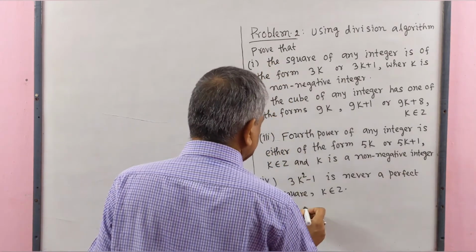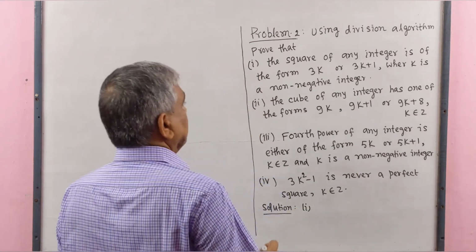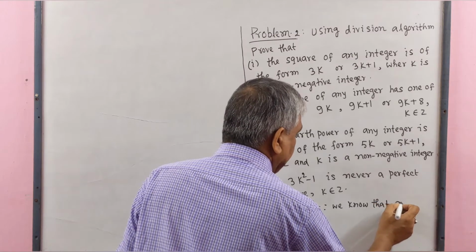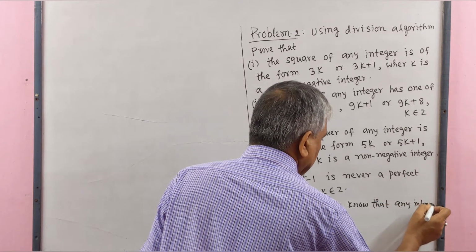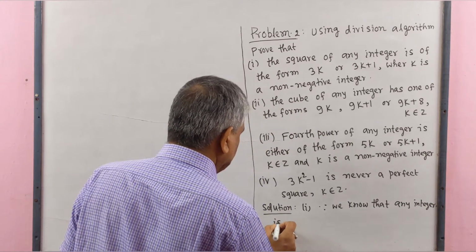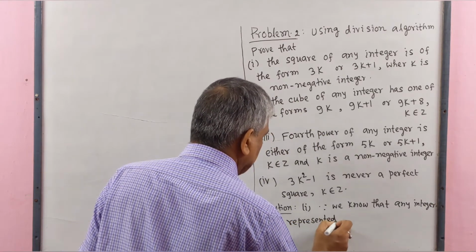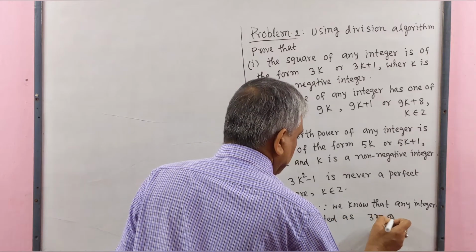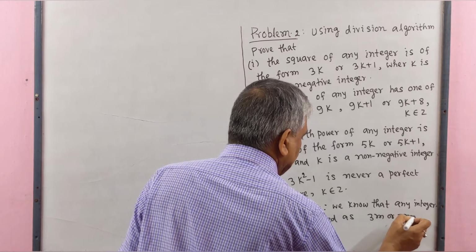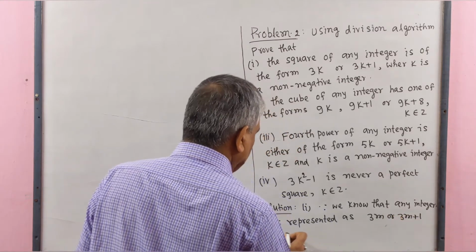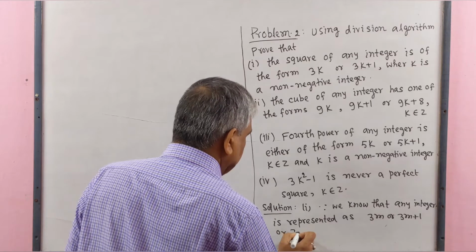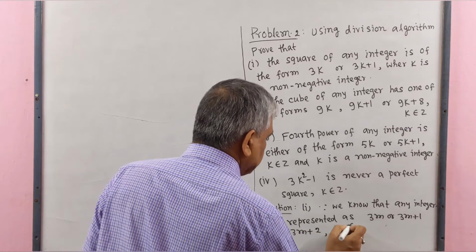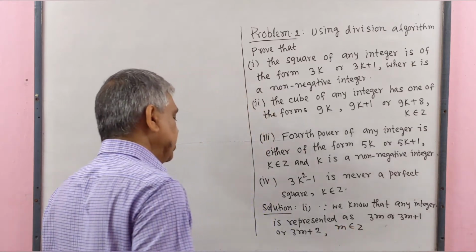Number 1. Since we know that any integer is represented as 3m or 3m plus 1 or 3m plus 2, m belongs to Z, means m is an integer.